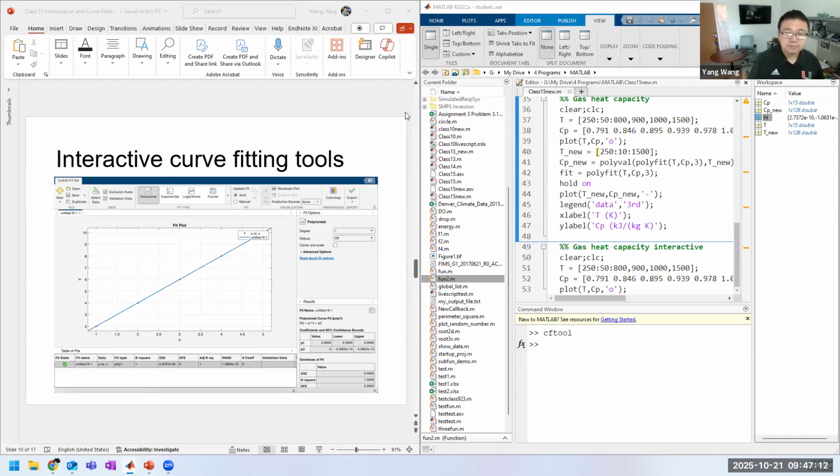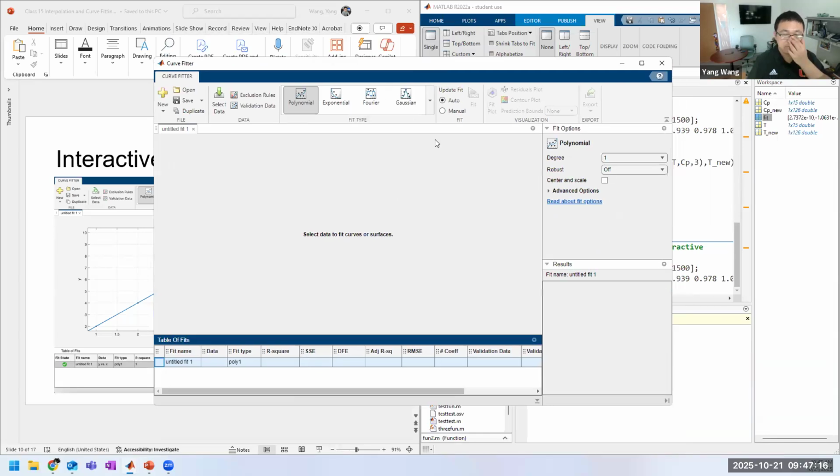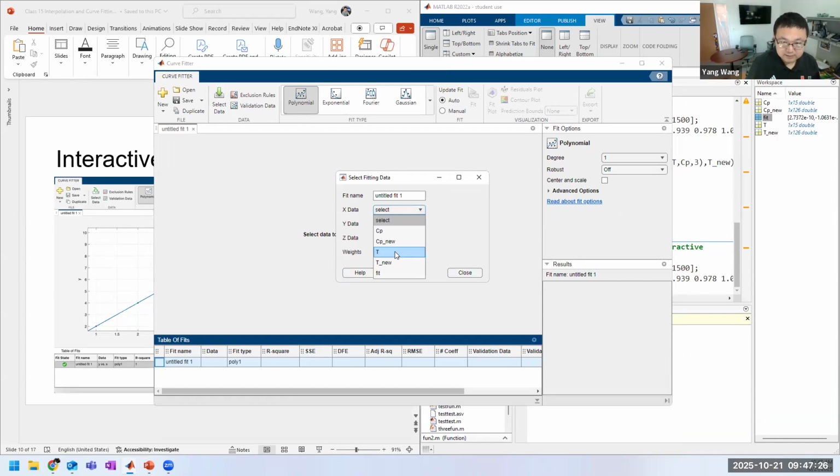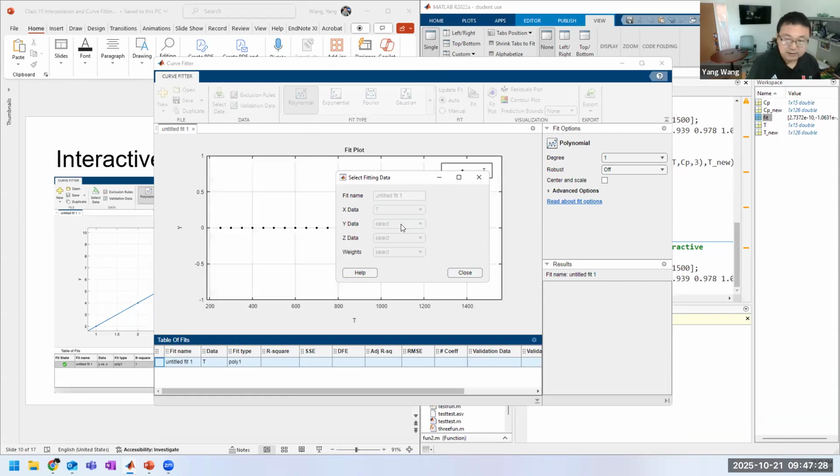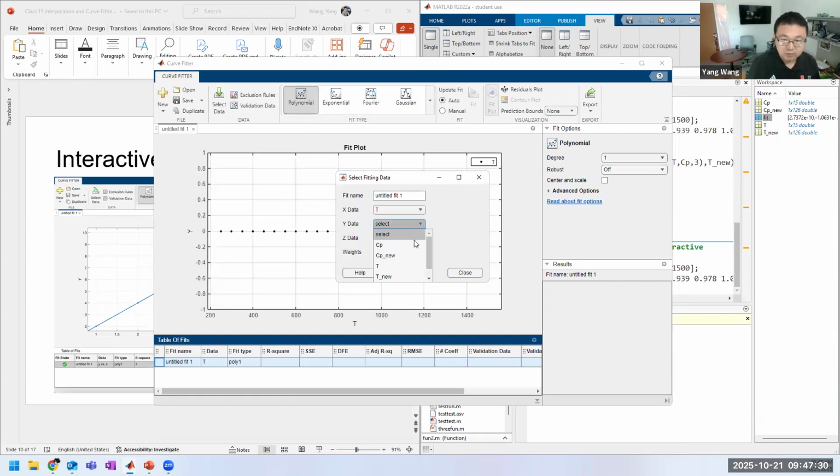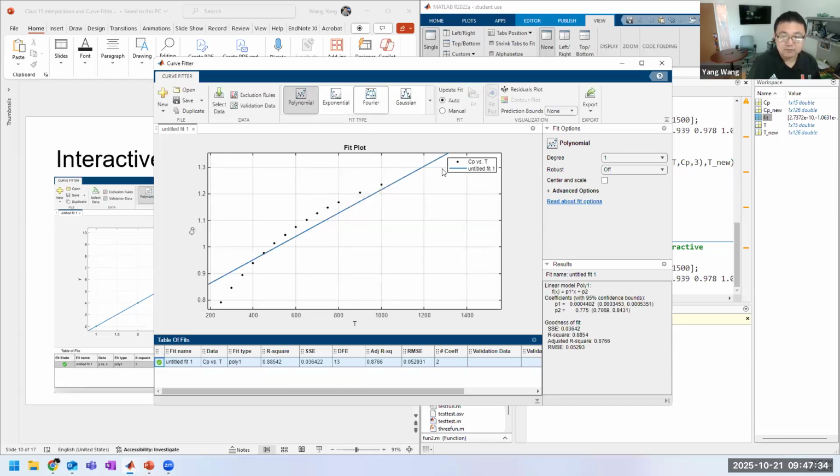To do the curve fitting, we first select the data from what is already in your workspace: X data to be temperature, and Y data to be Cp. You can see that there's already a line showing up.